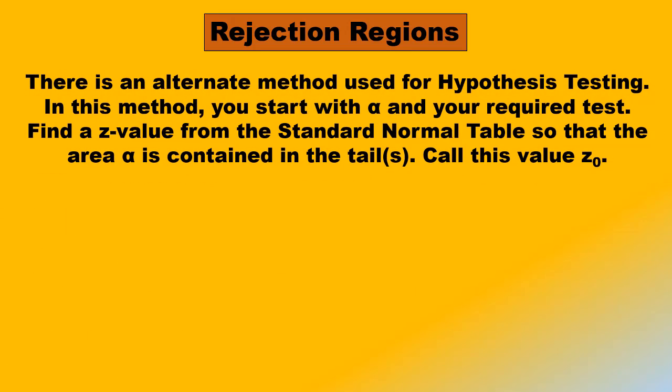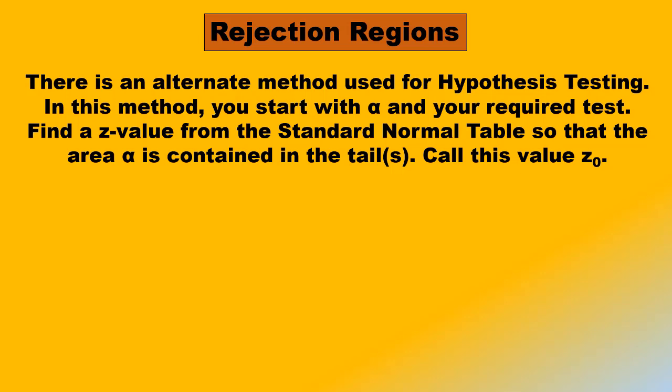So there's another way that we can make these decisions besides using the p-value decision rule. And that other way is by using something called rejection regions. So the way that rejection regions work is that you're going to start with your alpha and whatever your required test is. Is it a one-tailed test, a left-tailed, a right-tailed, or is it a two-tailed test?